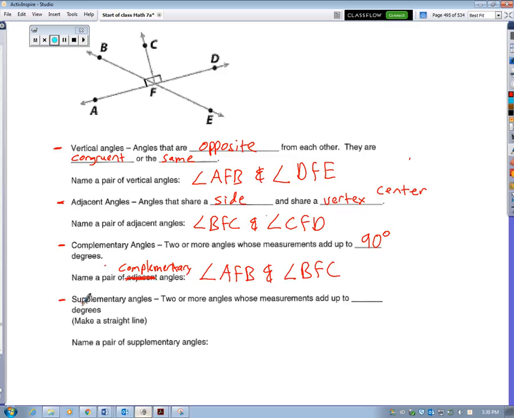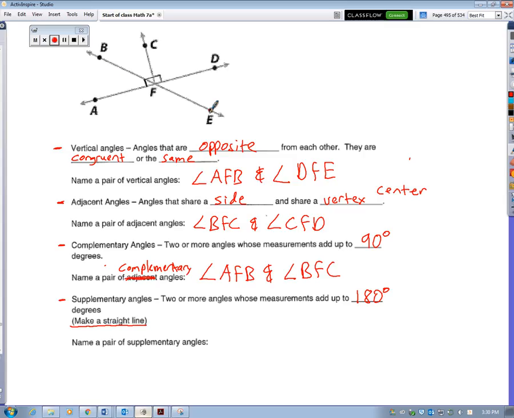Last one we're going to talk about is supplementary angles. This is two or more angles whose measurements add up to 180 degrees. Okay, and 180 degrees is just a straight line. So it is any group of angles that come together to make a straight line. Okay, so looking at this, we have a few different supplementary angles. To find them, find a straight line like this one right here and see which angles make that straight line.